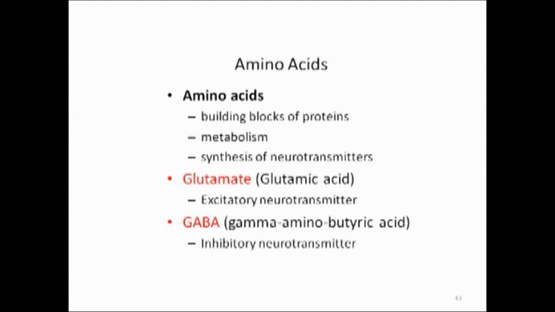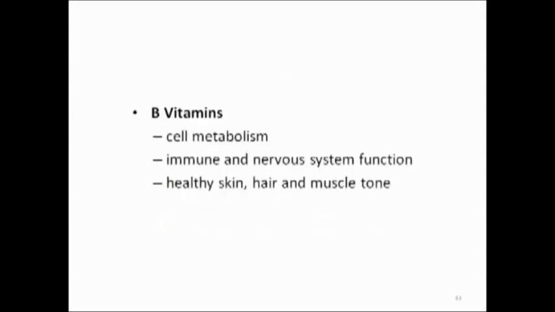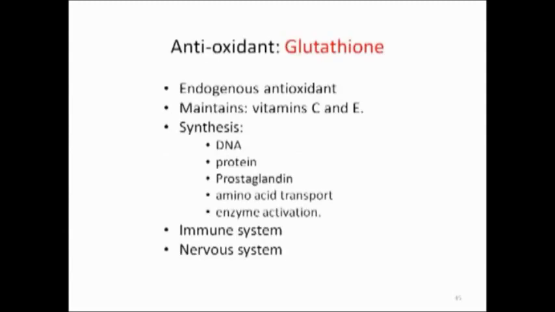Glutamate and GABA are respectively the brain's main excitatory and inhibitory neurotransmitters. B vitamins play important roles in cell metabolism, support and increase the rate of metabolism, enhance immune and nervous system function, and help maintain healthy skin, hair, and muscle tone.